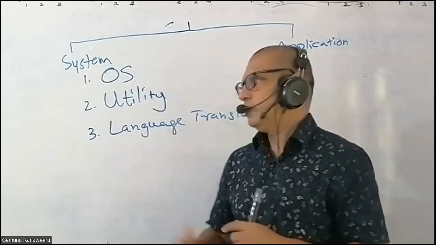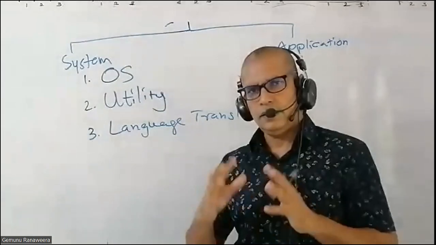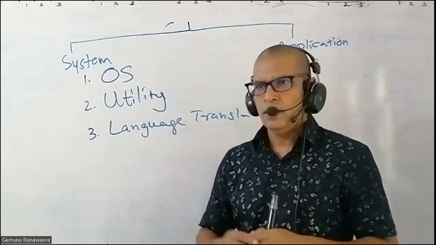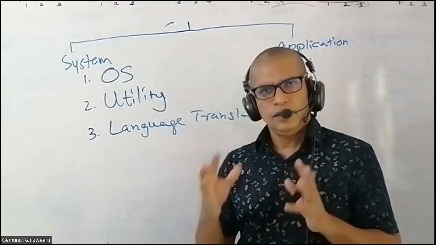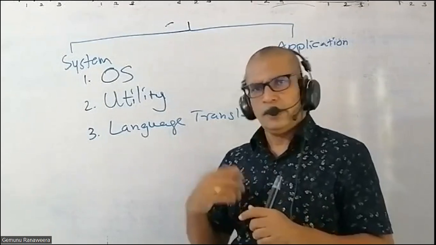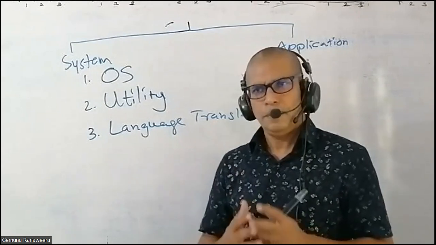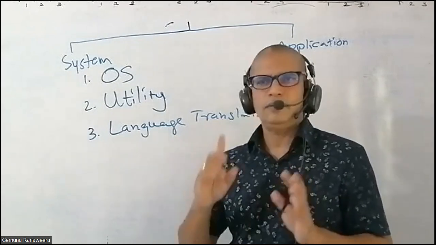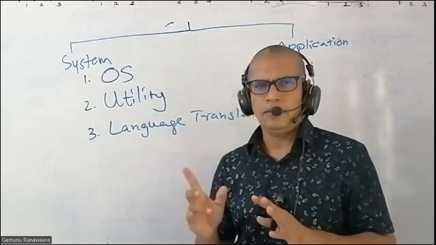Because programs developed using third generation languages such as Java or Python cannot be understood by the computer, because the computer understands only one language, that is known as the machine language.